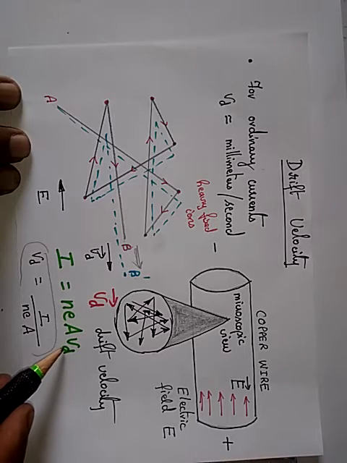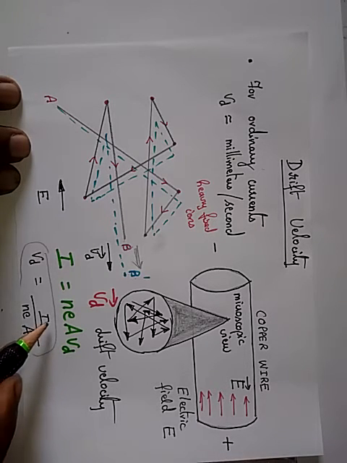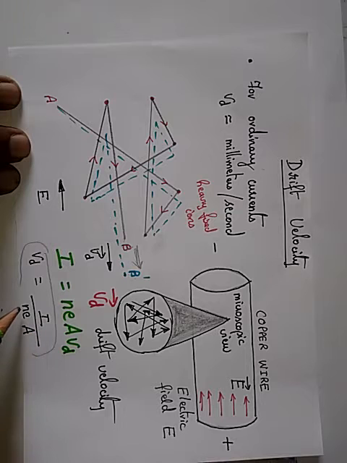Therefore v_d, the drift velocity, is equal to I divided by n e A, that is current divided by the number of electrons per unit volume, e the charge of the electron, and A the cross section of the conductor.